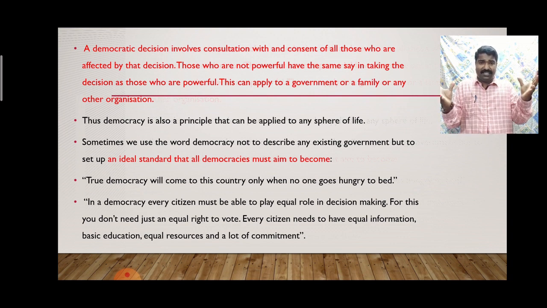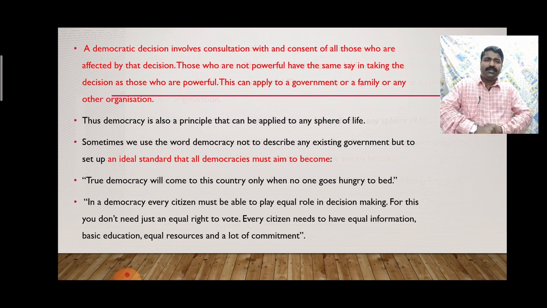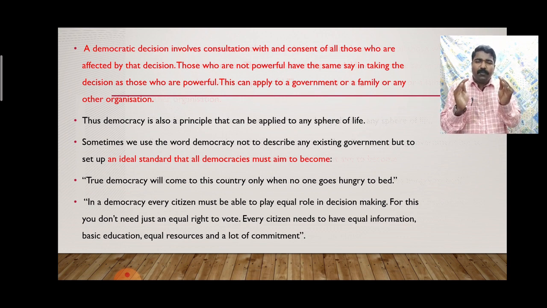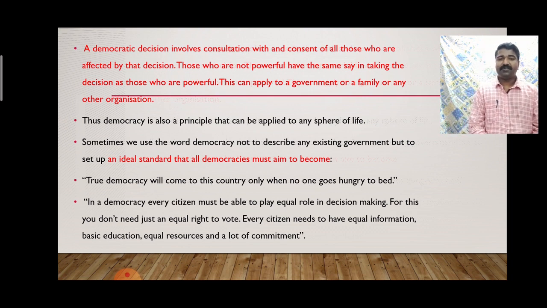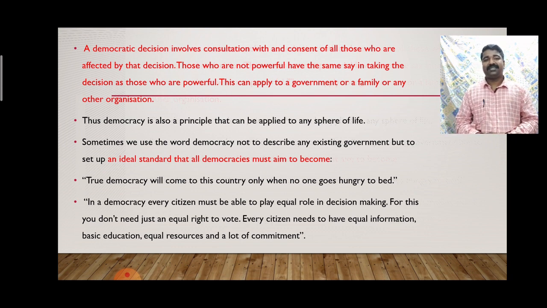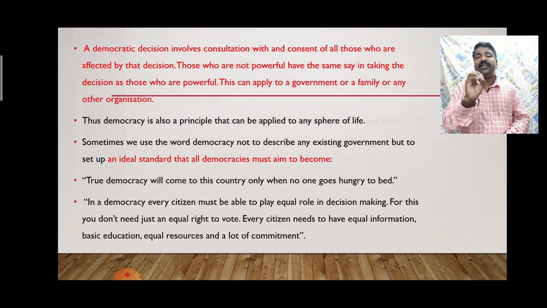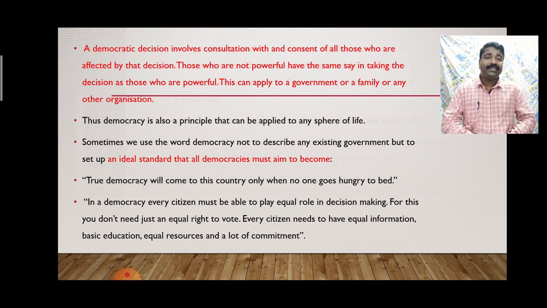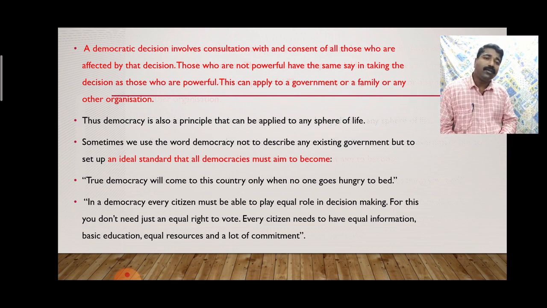In a democracy, every citizen must be able to play an equal role in decision making. For this, you don't need just an equal right to vote. Every citizen needs to have equal information, basic education, equal resources, and a lot of commitment.